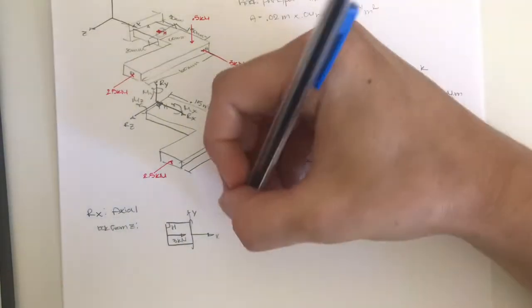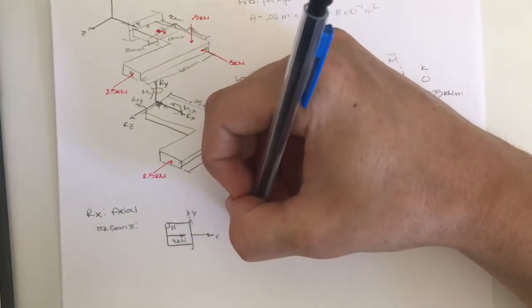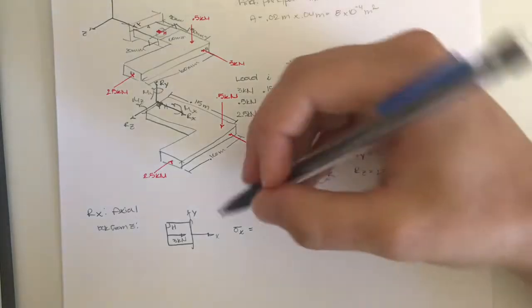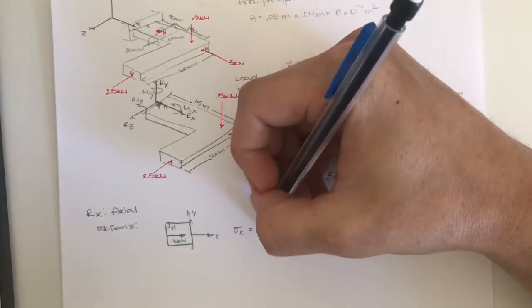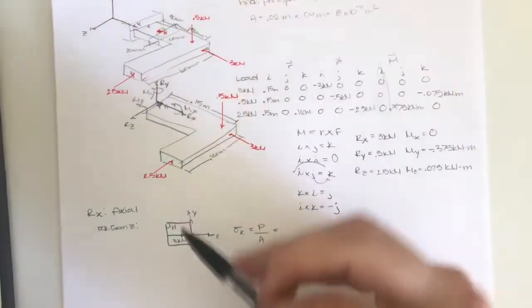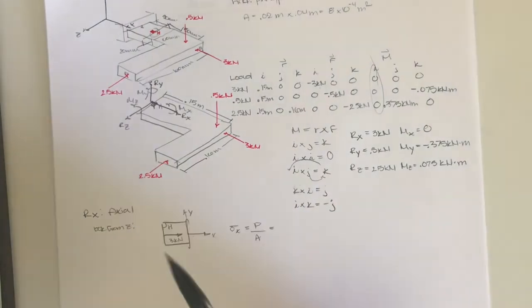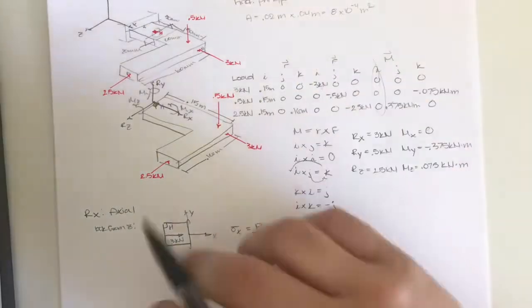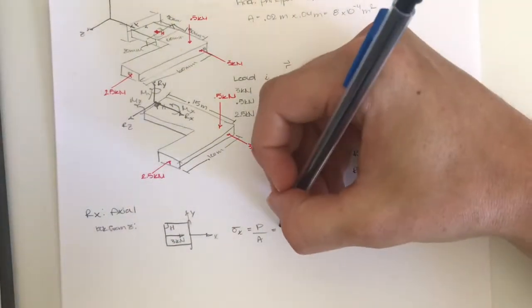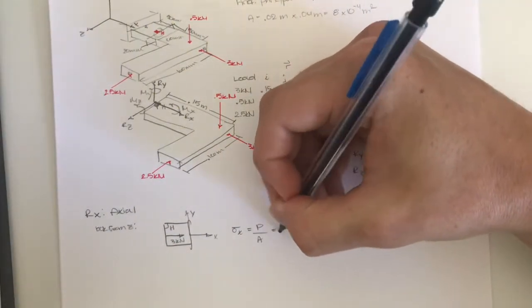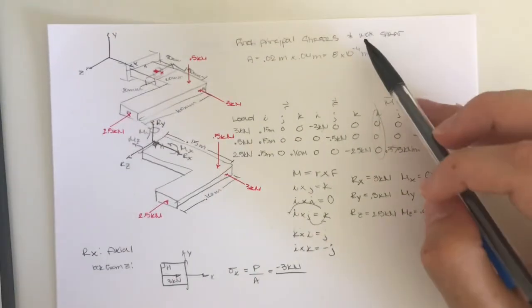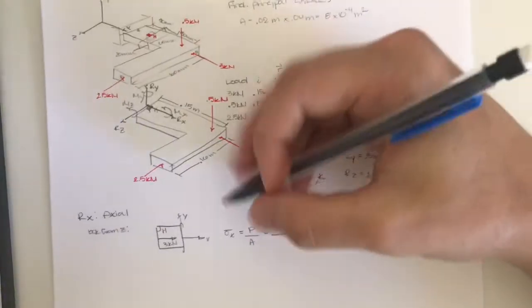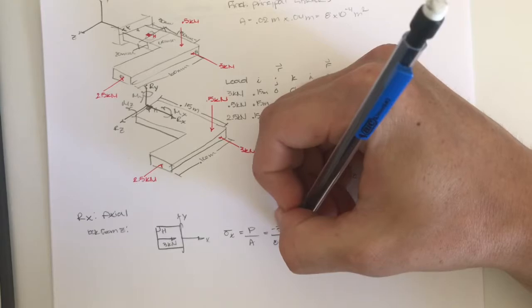So we know that sigma x, stress in the x, is P over A. Since this force is compressing on this object, it's going to be a compressive force, so that's going to be a negative 3 kilonewtons divided by the area, which we found to be 8 times 10 to the negative 4th meters squared.